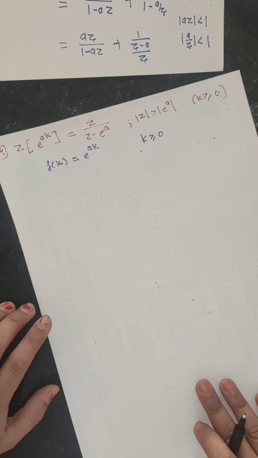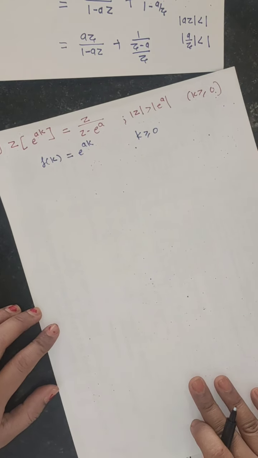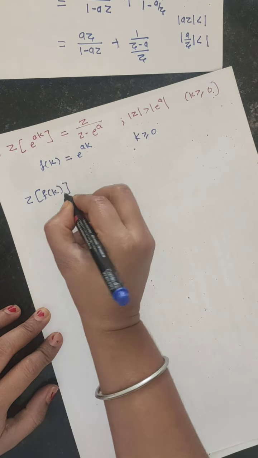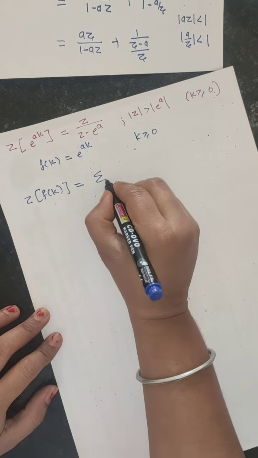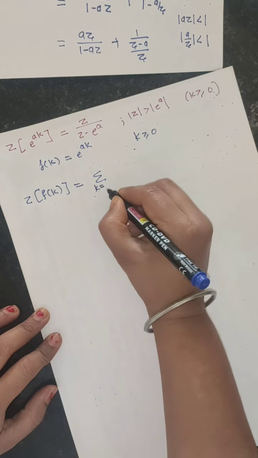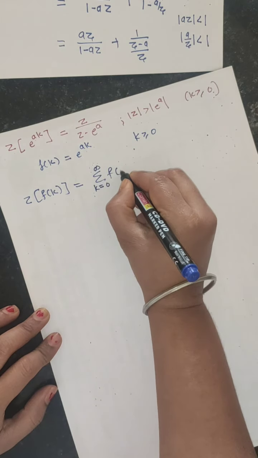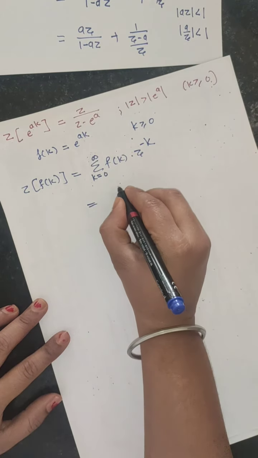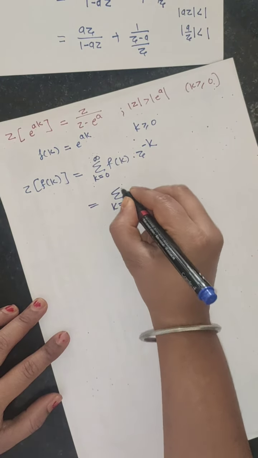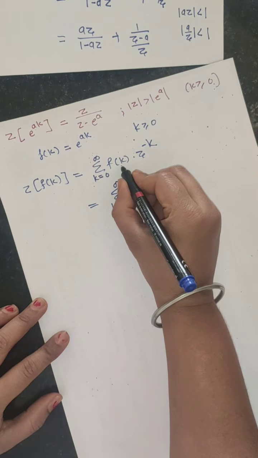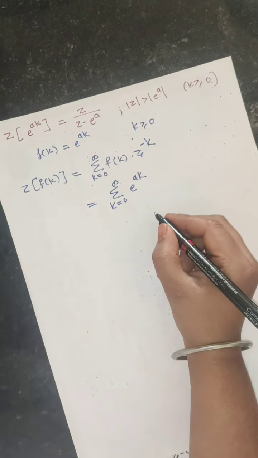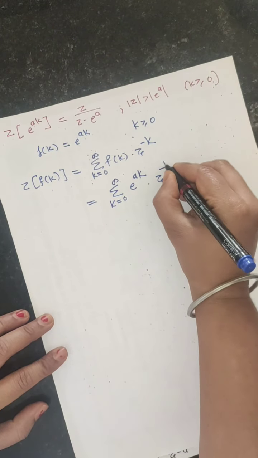So here we use the unilateral z transform definition: z of f of k is equal to summation from 0 to infinity of f of k into z raised to minus k. Substitute f of k as e raised to ak, and z raised to minus k.